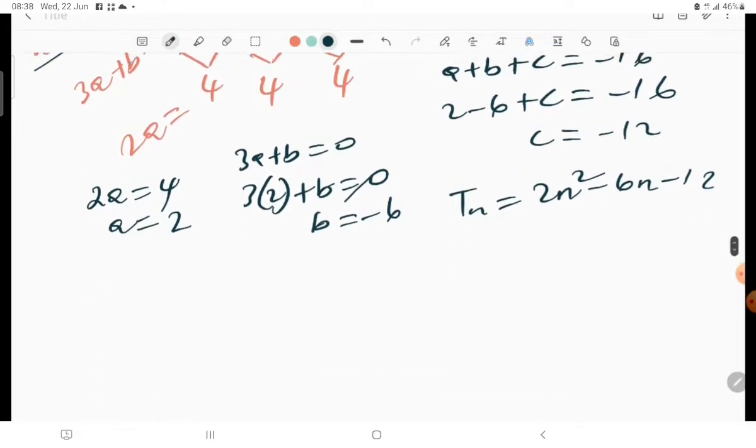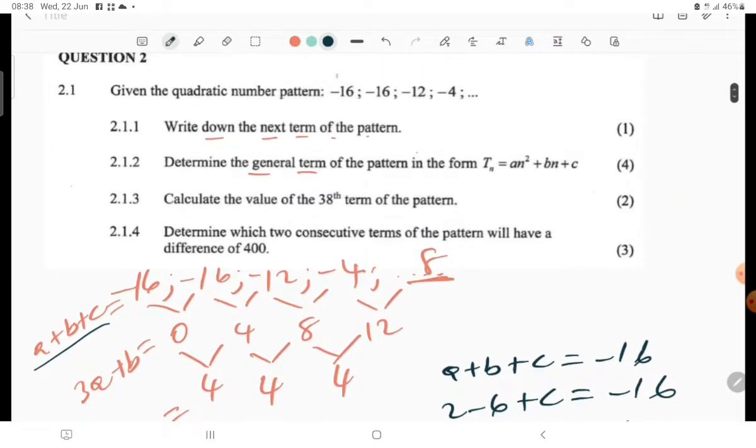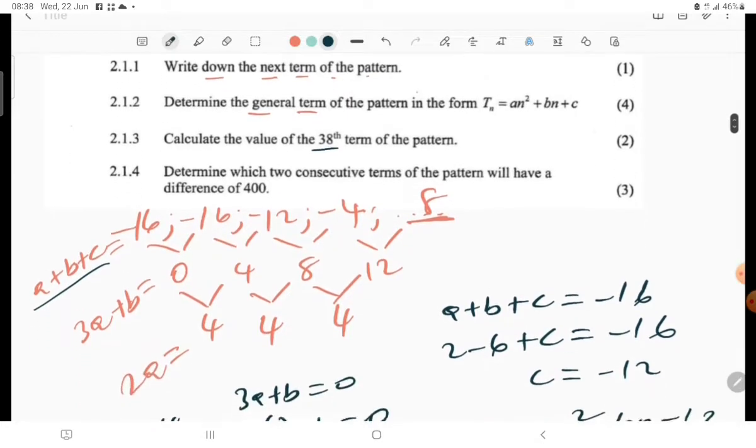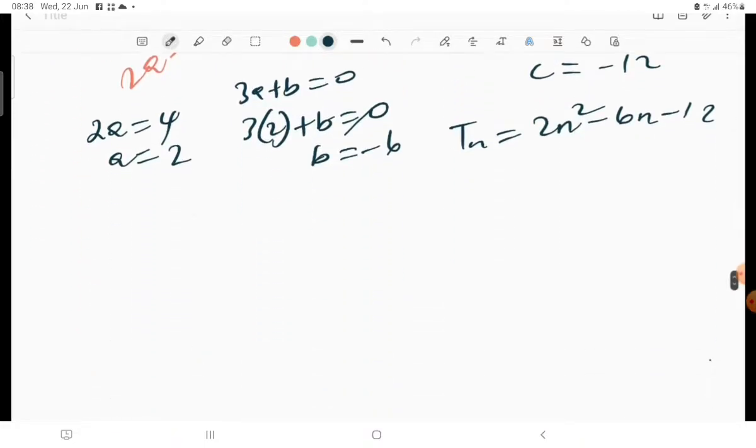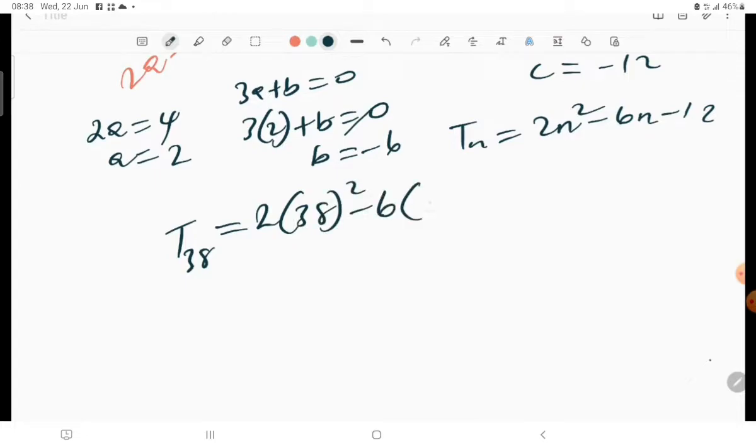Now, coming to the next question. The next question says, determine the value of the 38th term. So the 38th term is going to be calculated by taking this 38 and putting it straight into your rule. In the place of n, we put 38, then minus 6 times 38, then minus 12.